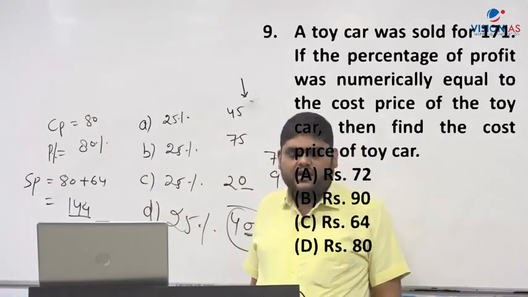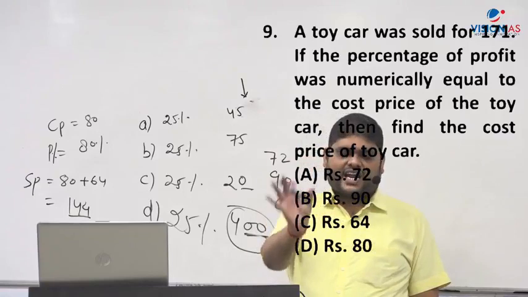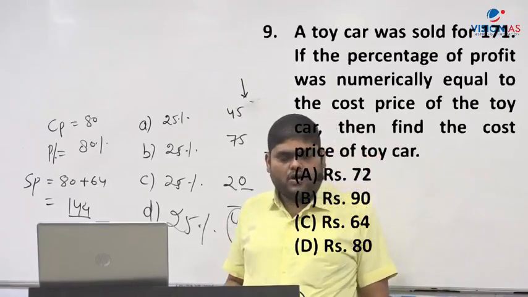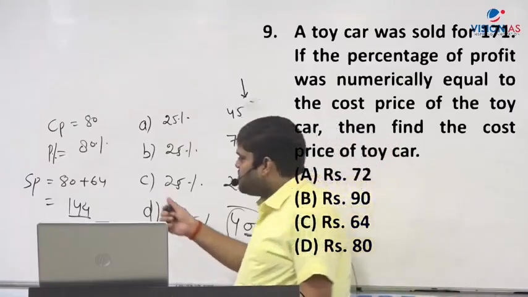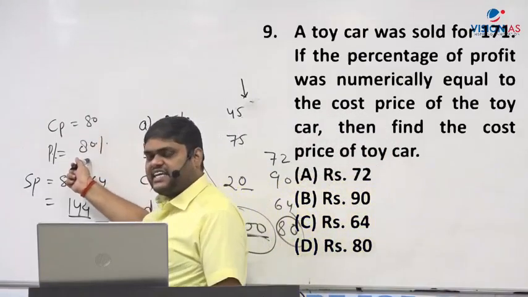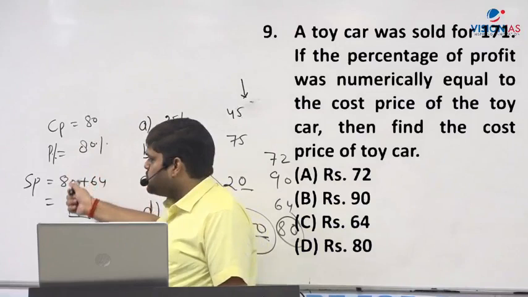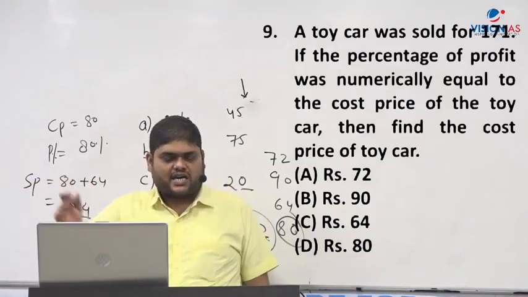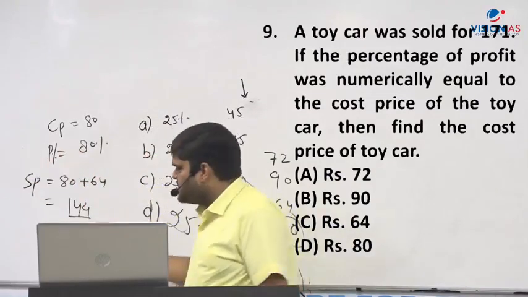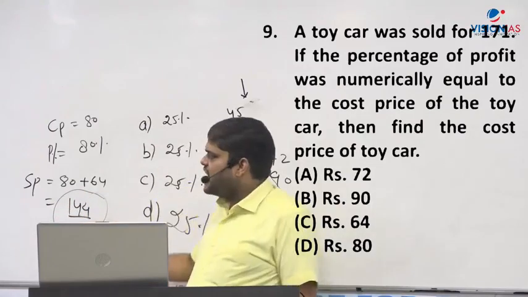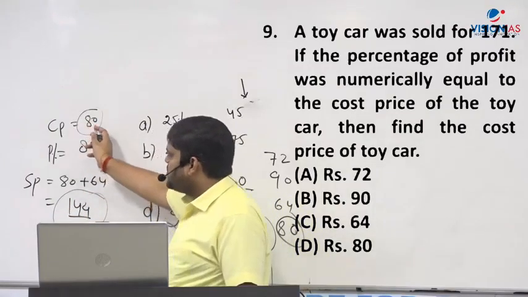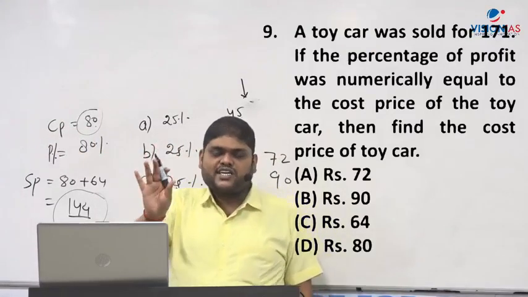Now tell me, do I need to check another option? No, I don't need to check another option. Why? Because when we have done 80% of 80, I am not able to reach the answer 171. The value is still less than 171. That means definitely the cost price will be more than 80, only then is it possible.